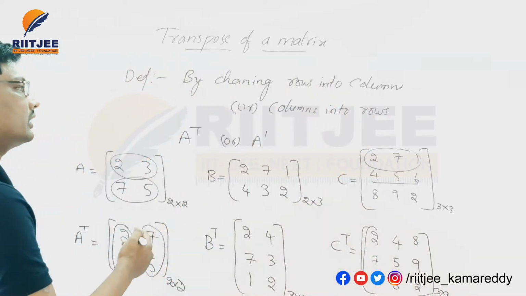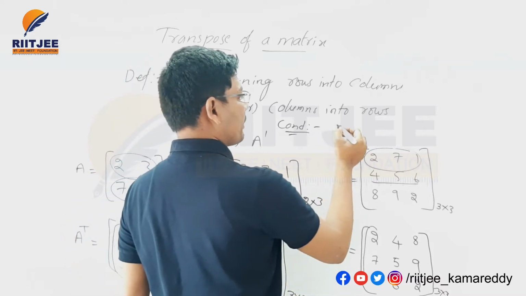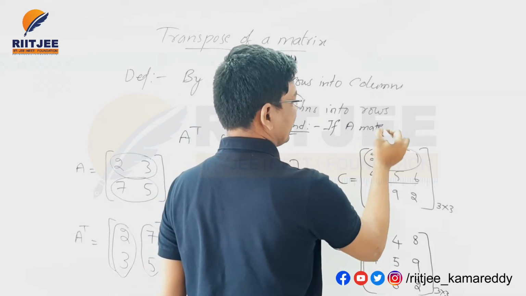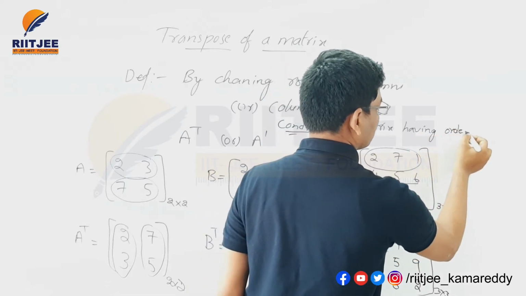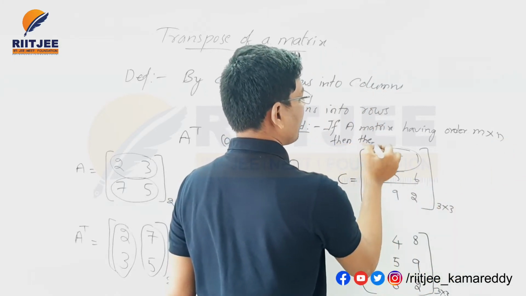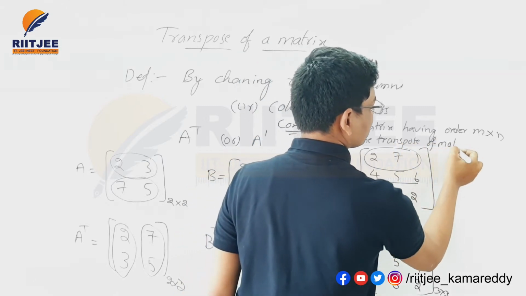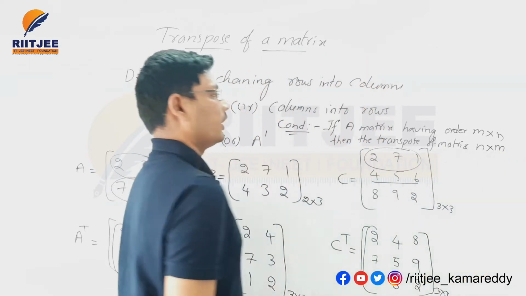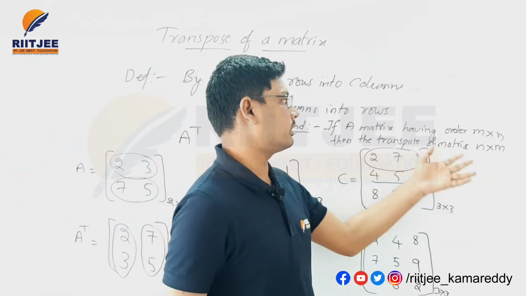Here the condition is: if a matrix is having order m by n, then the transpose of the matrix becomes n by m.